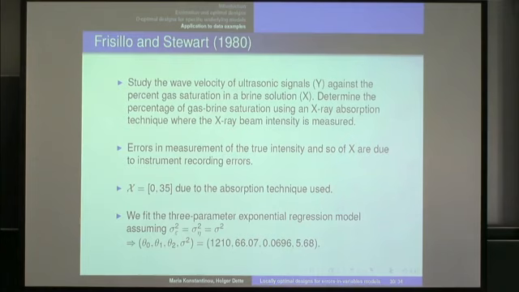So for their data, we assumed that the two error variances are equal, and we fitted the 3-parameter exponential regression model and obtained estimates for the model parameters and also an estimate for the common variance sigma square.